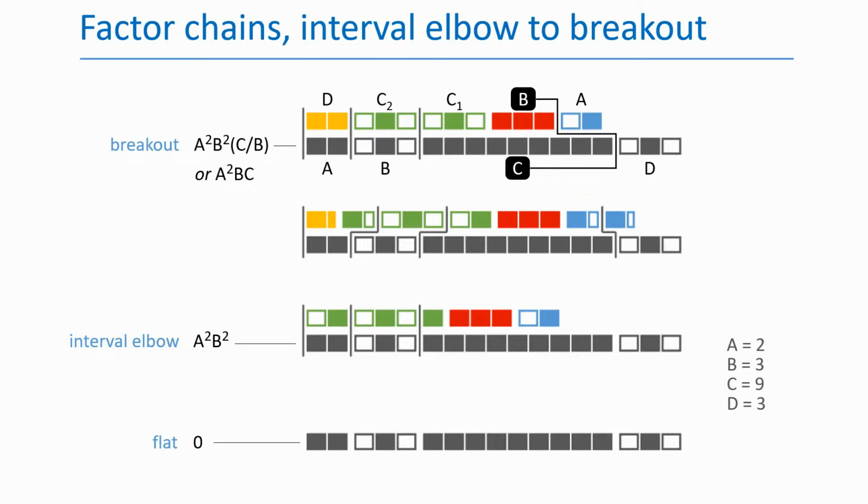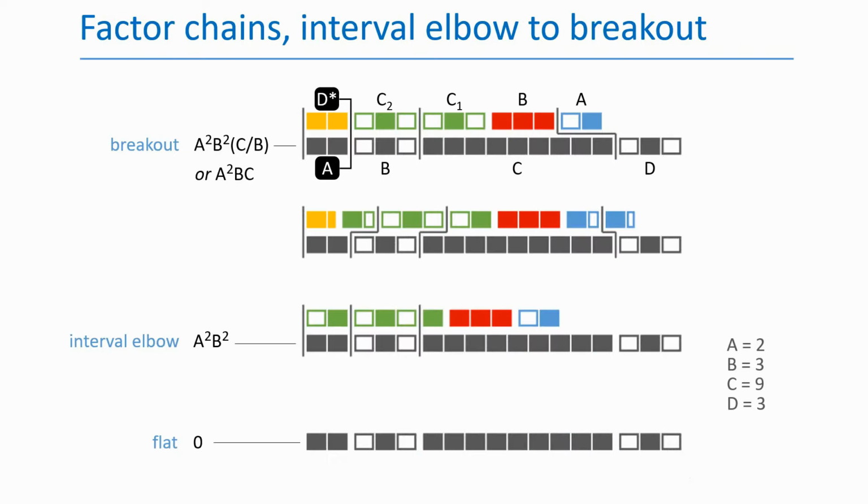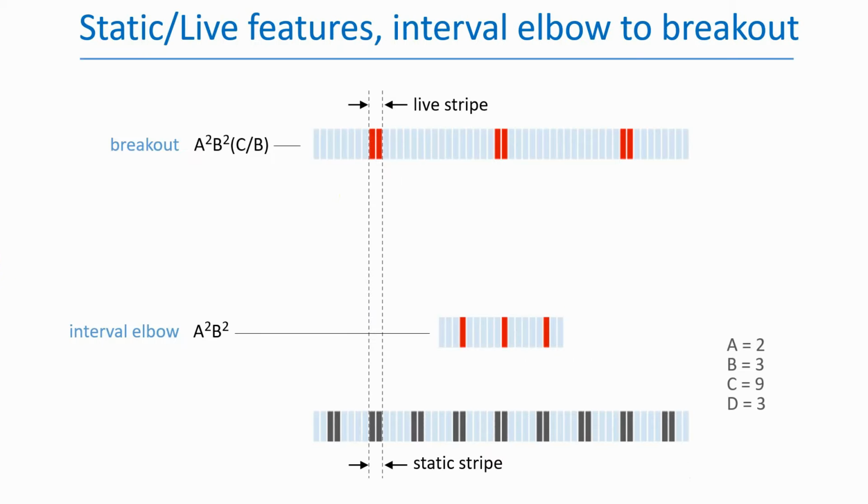This has an equivalent in terms of feature sizes. Namely, the live array is the same width as the static array. But also, if we return to the factor diagram, there's a second shared ceiling at breakout where live D shares a ceiling with static A. When we convert this to spatial terms, we find that the live stripe is the same width as the static stripe.